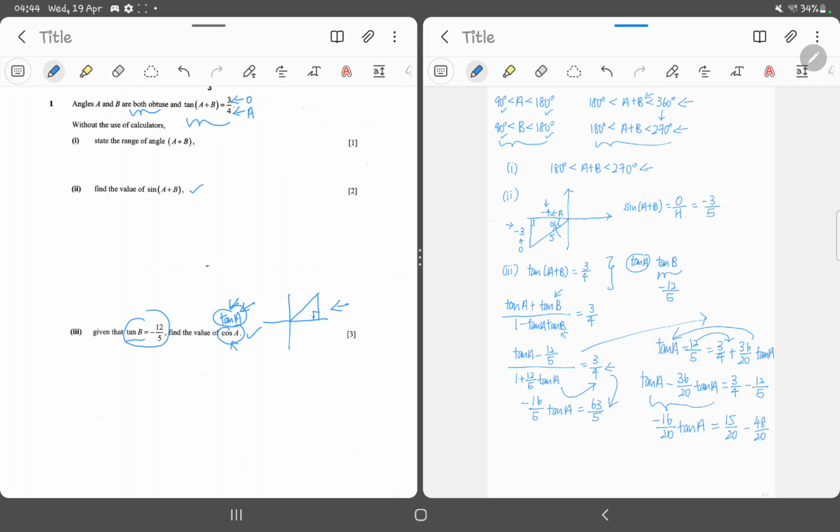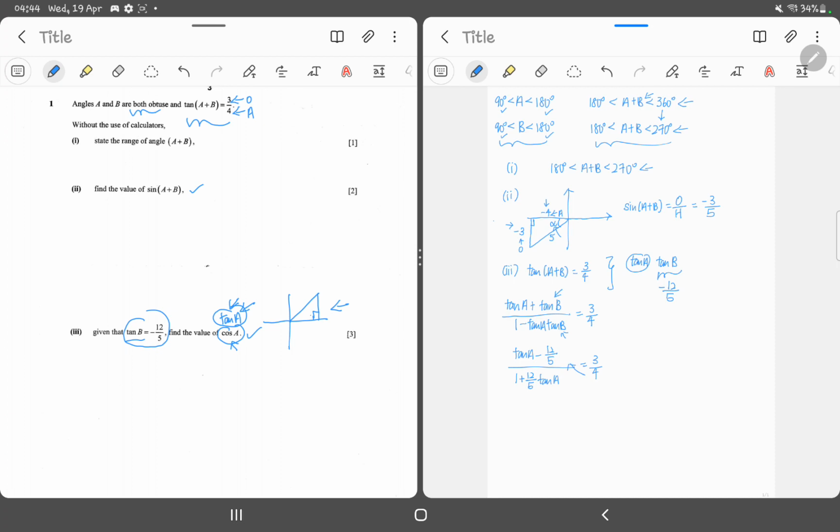Correct? So that, let me see. Okay, give me a moment. Yeah, sorry, let me rework this again. Okay, let me work through it again.